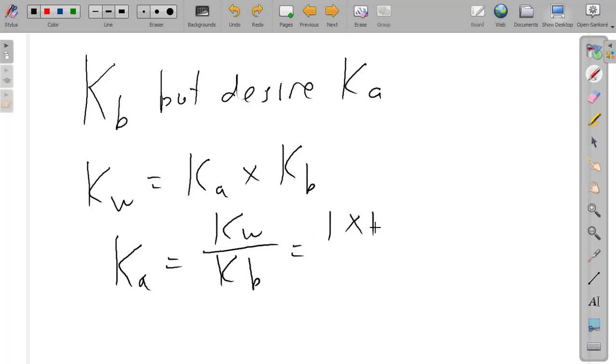And that's 1 times 10 to the minus 14th, over whatever Kb value you had. And then that would give you the Ka that you could use in the problem. So you can do the switch. You can use the arithmetic on these equations. This is why you have to have them committed to memory, so that situationally you can convert whatever's given that's not useful to something that is useful.